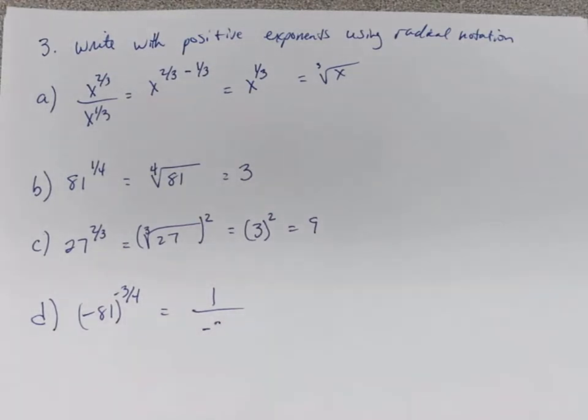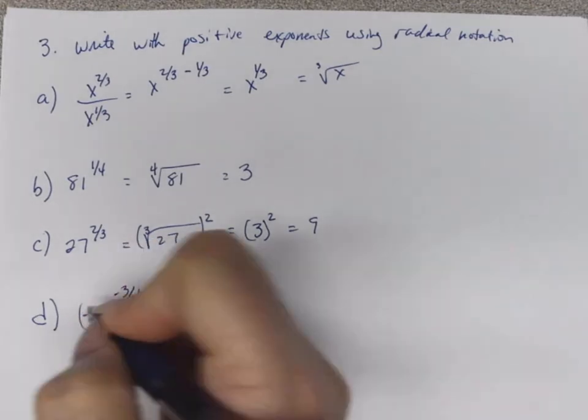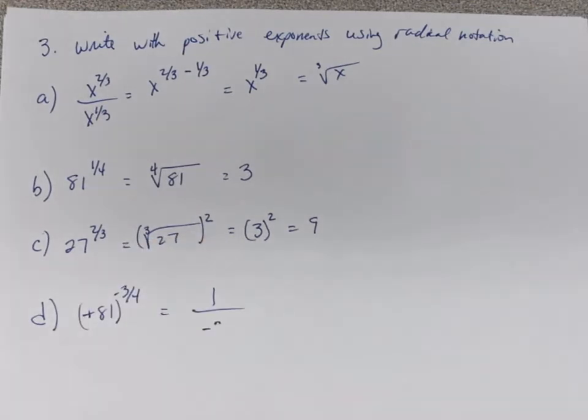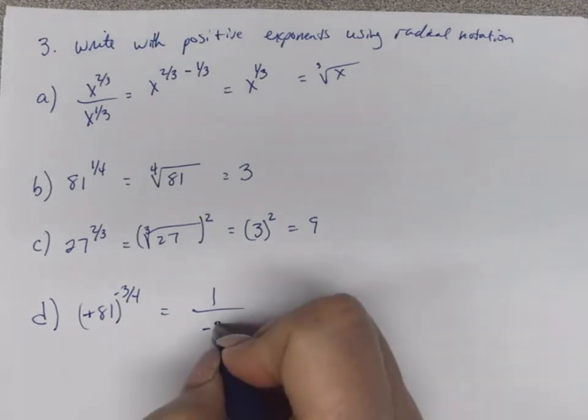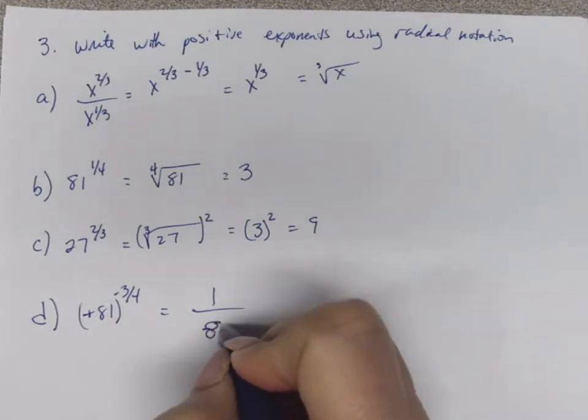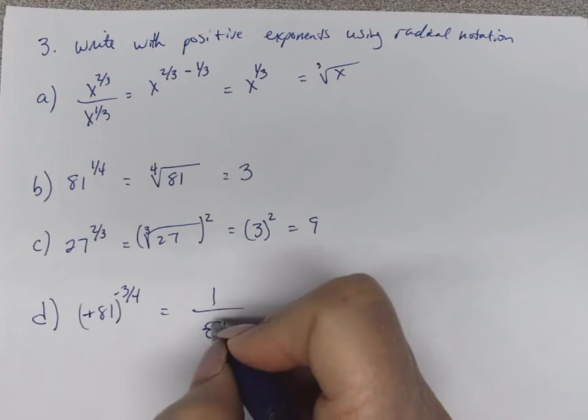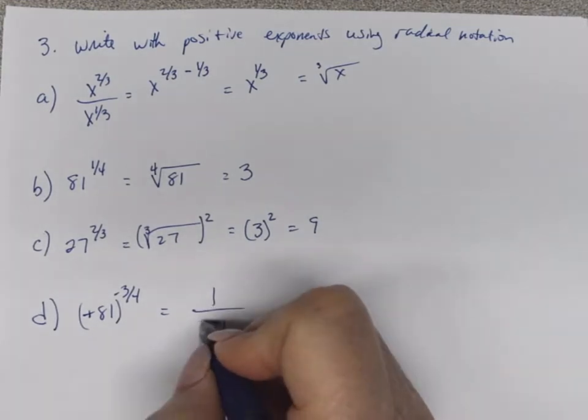I think we shouldn't have a negative on there, so let me just look real quick. Yes. So this should be positive 81. Sorry about that, because that's going to be an issue because we can't take the 4th root of a negative number. All right, so 81 being raised to the positive 3/4.